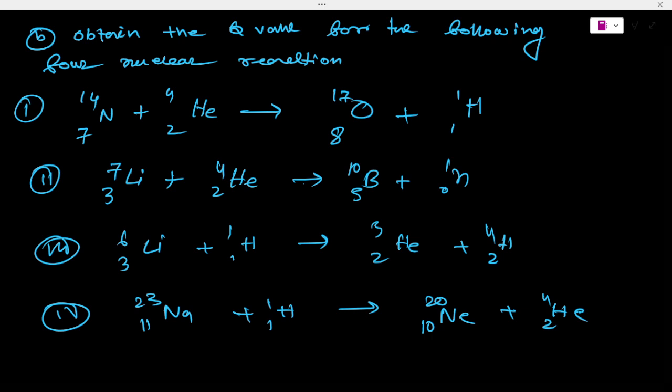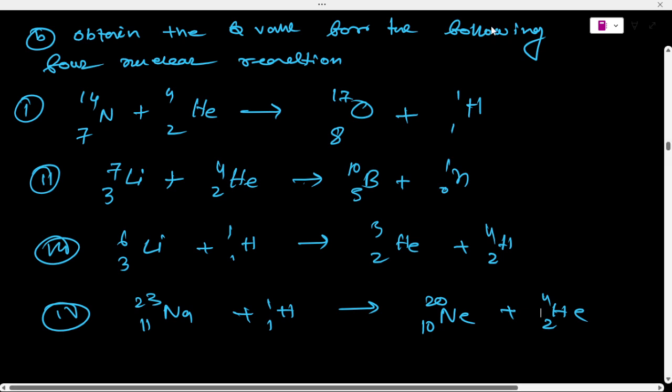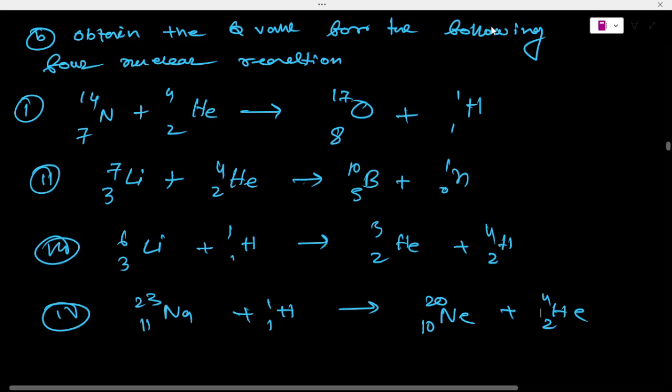Nuclear reactions, obtain the Q value. I have to find out the Q value of these equations. Okay, so let's start one by one.